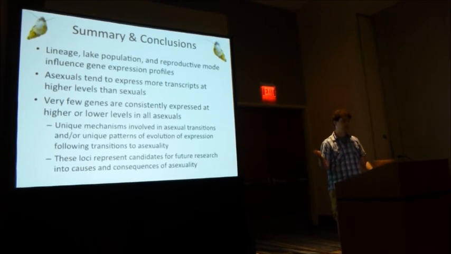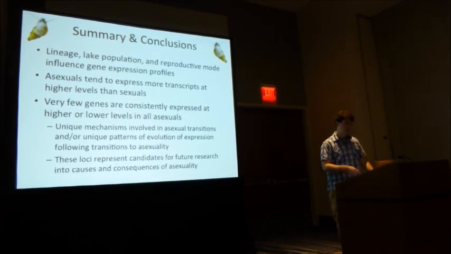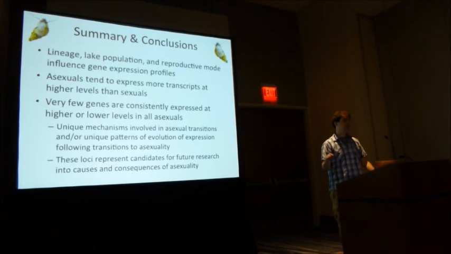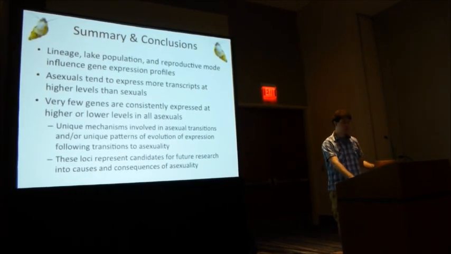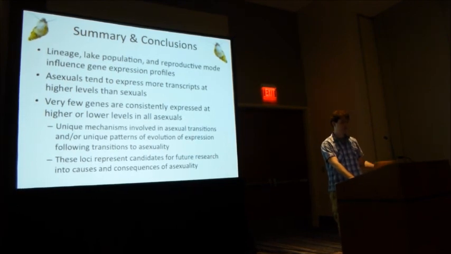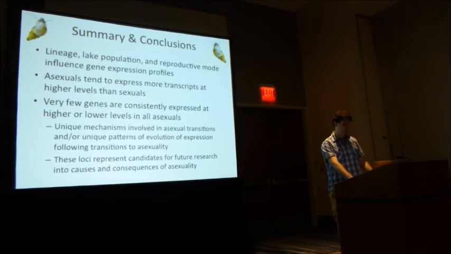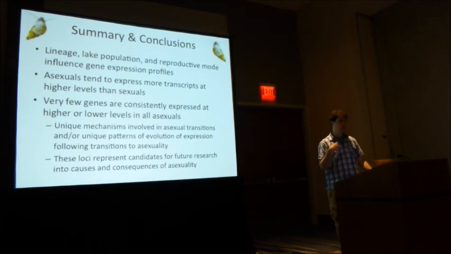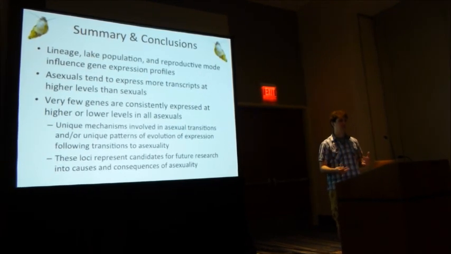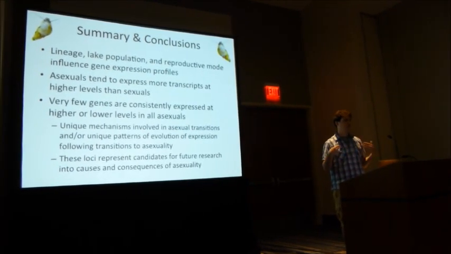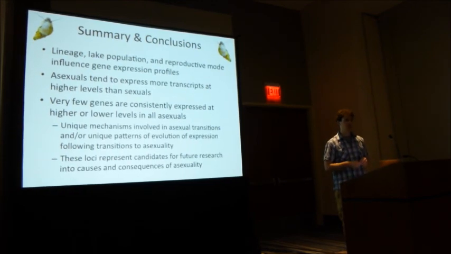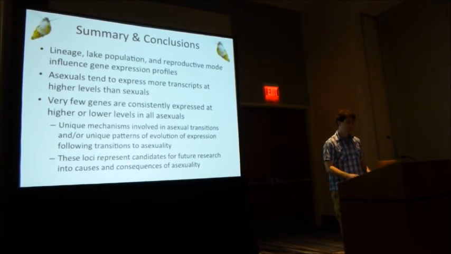So there are very few as well that were expressed higher in the sexuals. They were there though. We were finding some that had consistent expression from our expression test. So we think that this may suggest that there were unique mechanisms for each of these transitions, and that the subsequent evolution after these transitions is different every time.